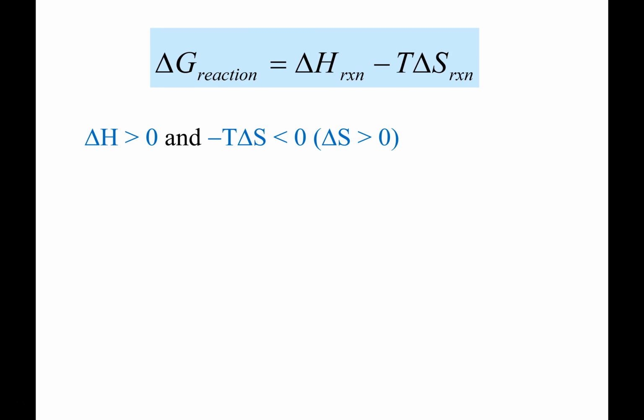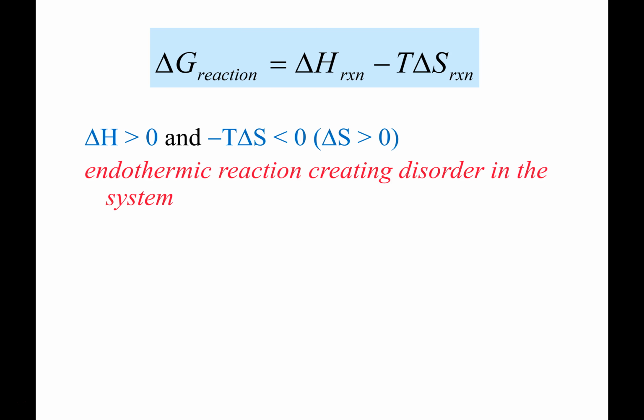All right, so here we changed it up. Now your enthalpy is positive, which makes it endothermic, which disfavors spontaneity, but your delta S term is positive again, which favors spontaneity. We could go through a similar scenario. It's not impossible for your Gibbs free energy to be negative.